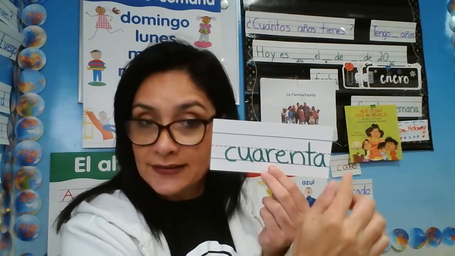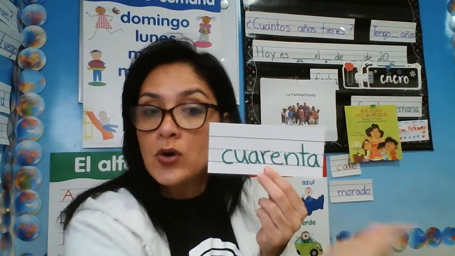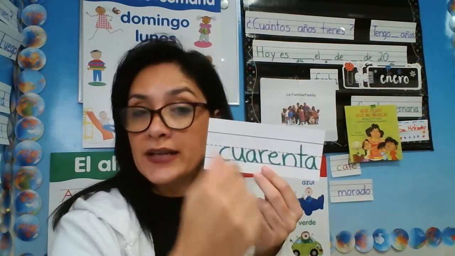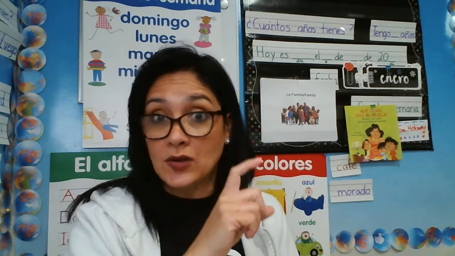But what changes is the tens place. 40, 41, 42, 43. Really, that pattern goes all the way up to 99, where you will learn how to say 90, and then it'll say y uno, y dos, y tres. So as long as you know uno hasta nueve, 1 to 9, and you know your tens place, you can count all the way up to 100.